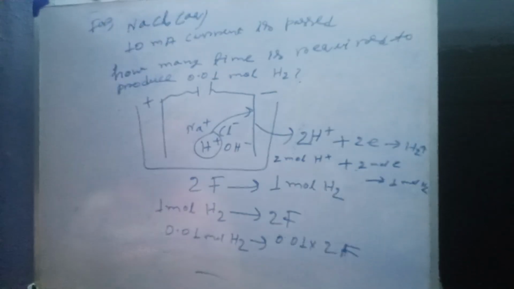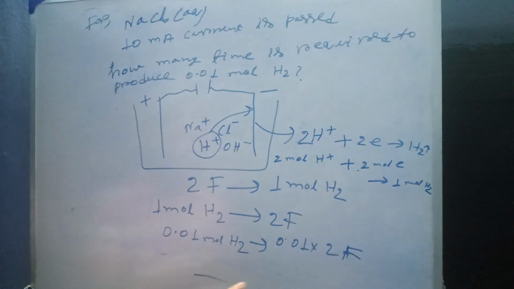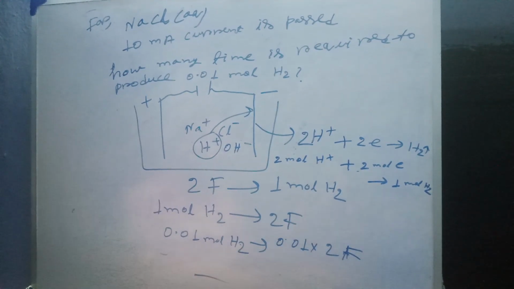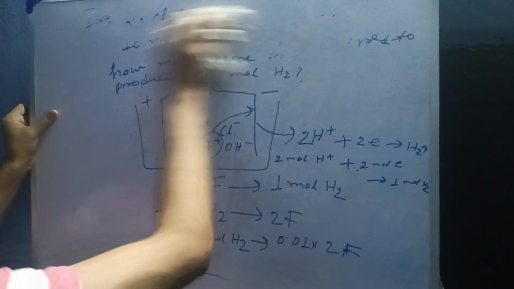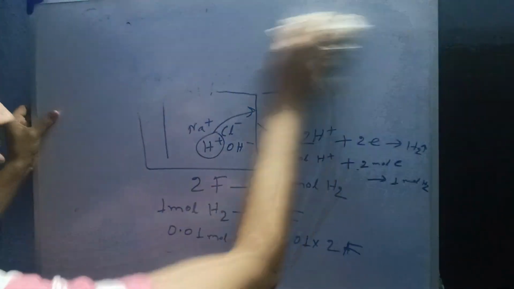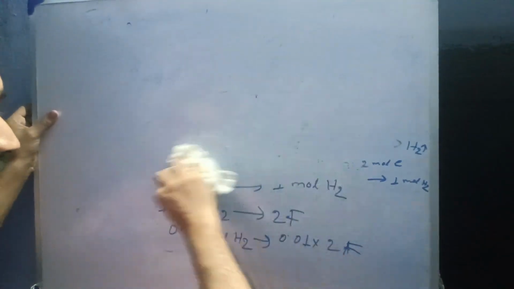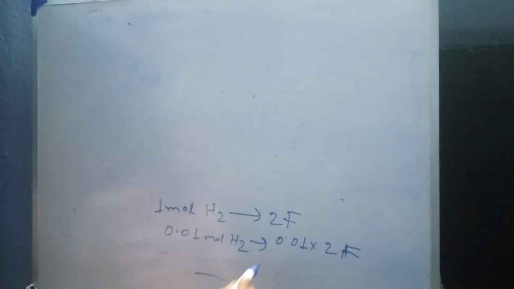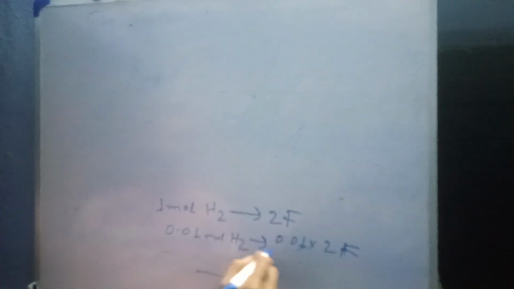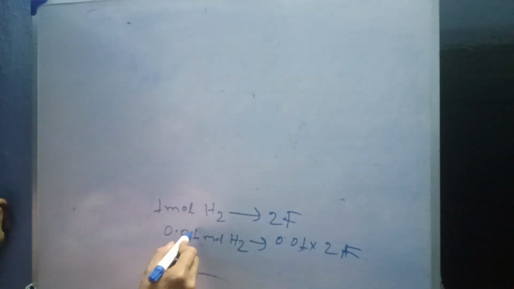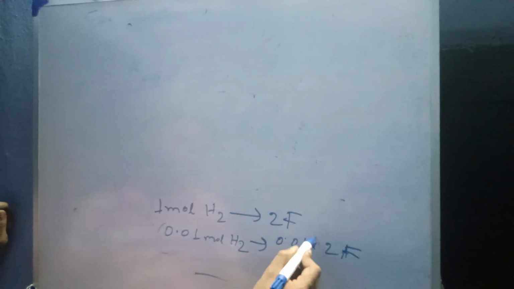Now here the amount of current is 10 milliampere, but our required charge is this. Now the question is, what is the time of the reaction to produce this 0.01 mole of hydrogen? So to produce 0.01 mole of hydrogen, this amount of charge is required.